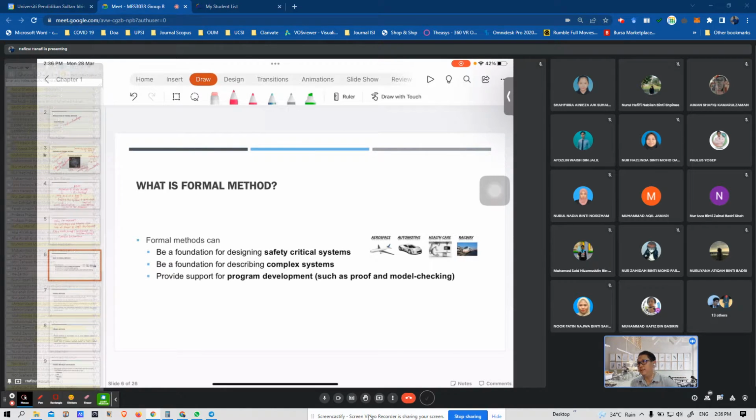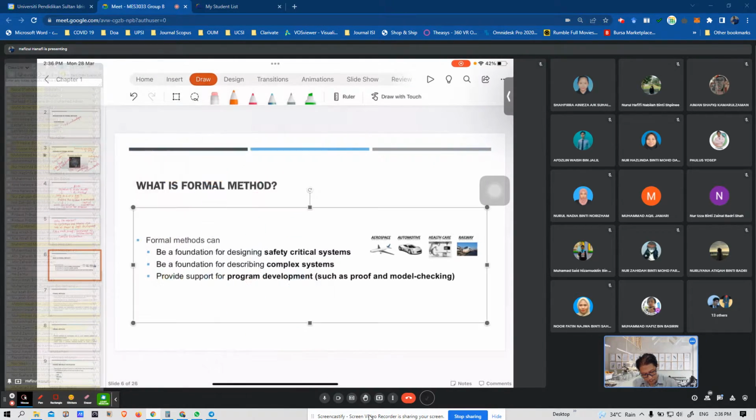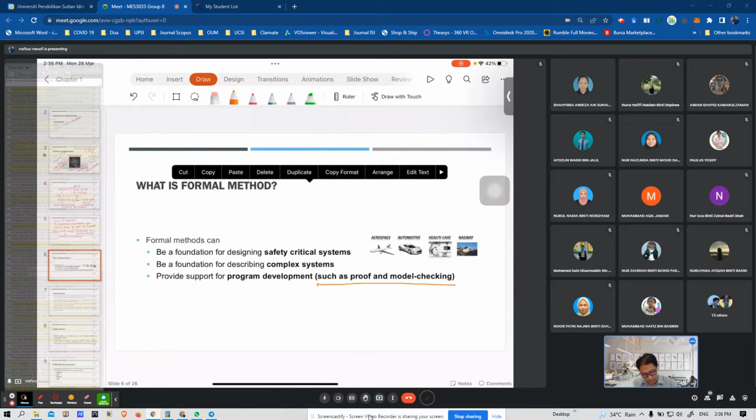Basically for program development, such as proof and model checking, is to verify if the abstract representation of the system is correct relative to the formal specification describing the desired expected system behavior.